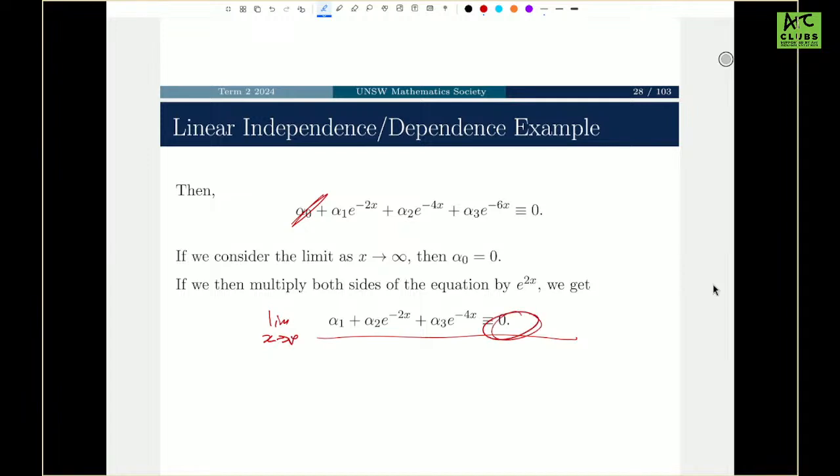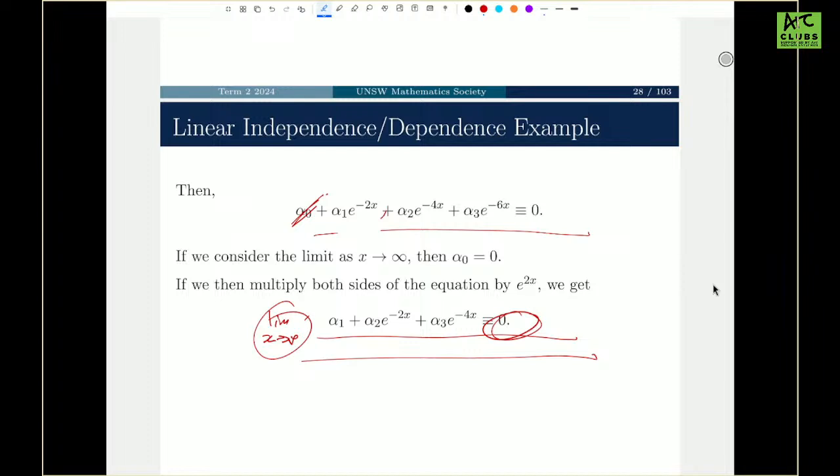Hang on, I should be considering the limit of this thing down here.